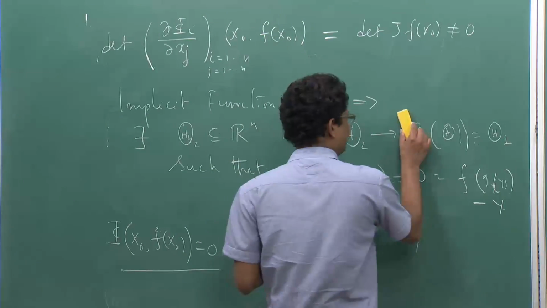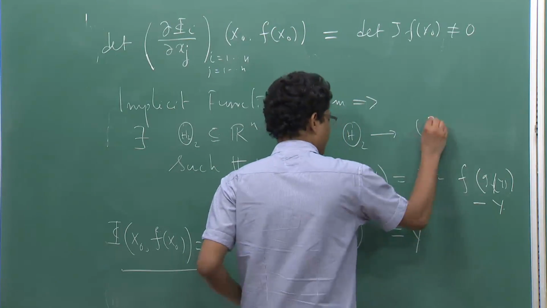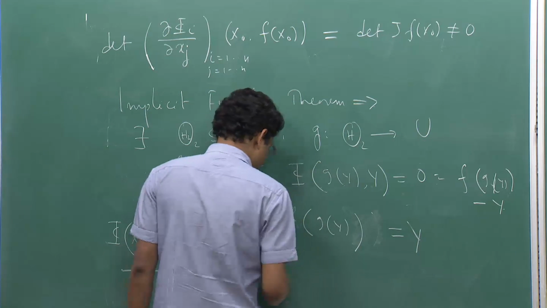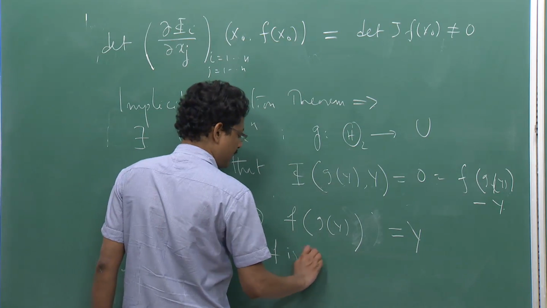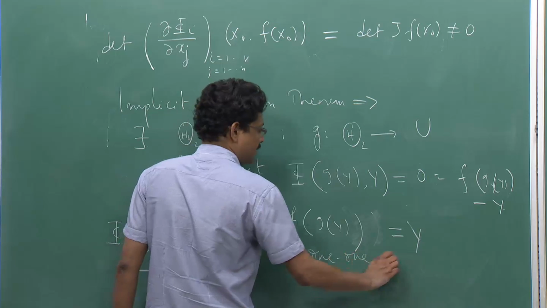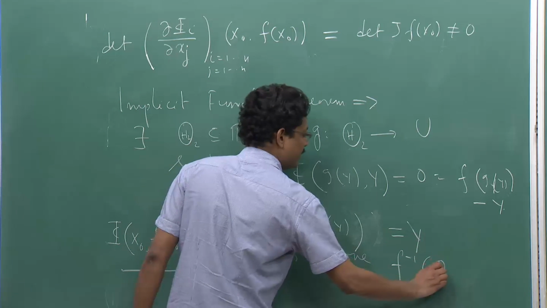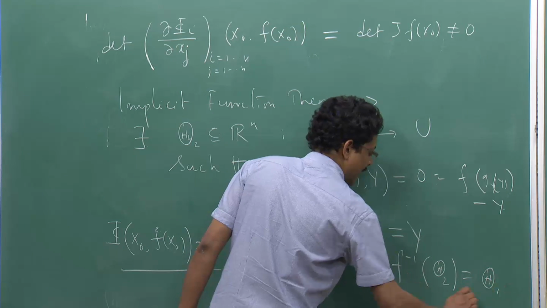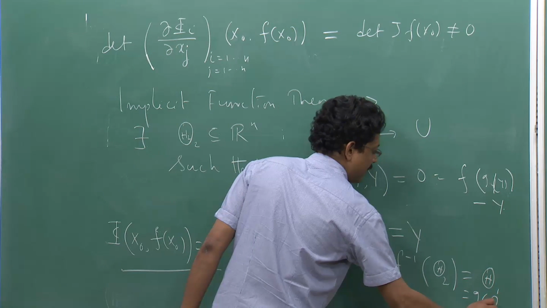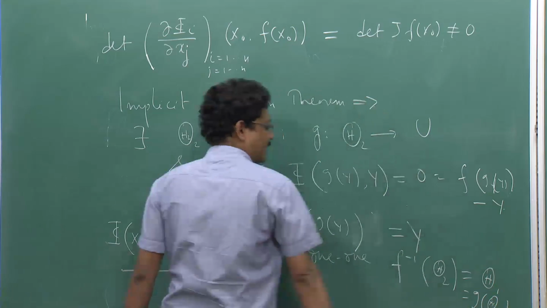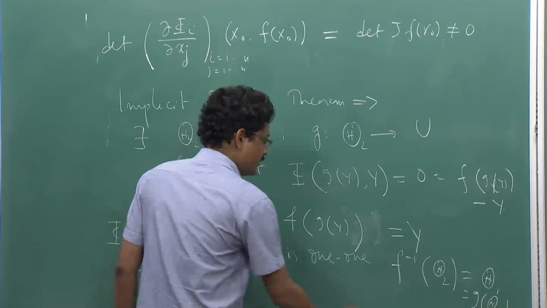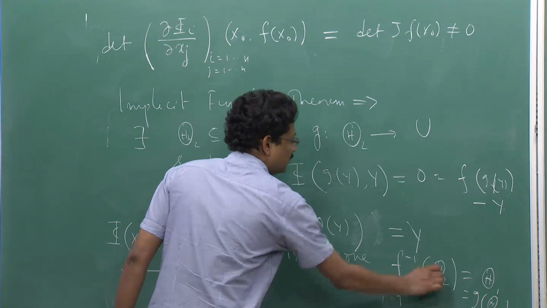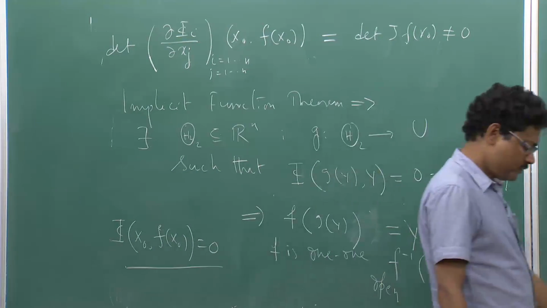And here, if you do not like this, let it be in U, and since f is 1-1, this f inverse of theta 1, theta 2, call it theta 1, will be g of theta 2. So, that is your existence of theta 1. This is an open set: if theta 2 is open and f is continuous, then f theta 2 is open.